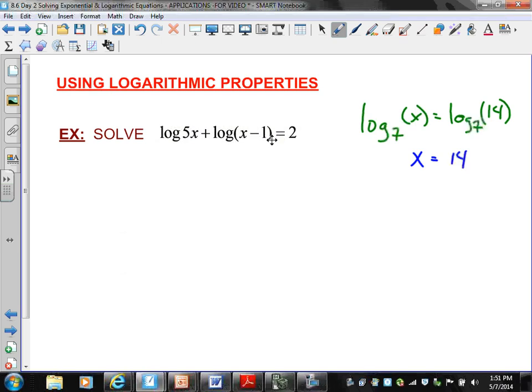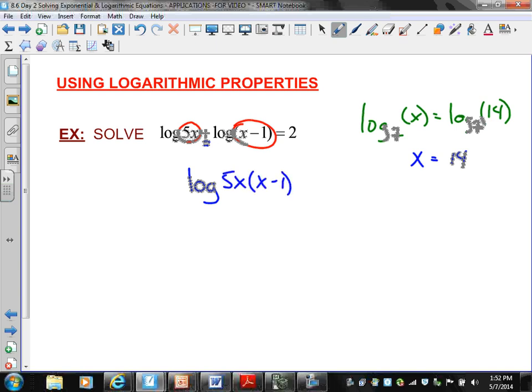If you notice, we're adding these two logs, so I can condense them. This is why we spent that time condensing and also expanding logarithmic expressions. Now I can condense this left side down into one expression, a log base 10. When it's addition of two logs, we change that into the multiplication of the two arguments.